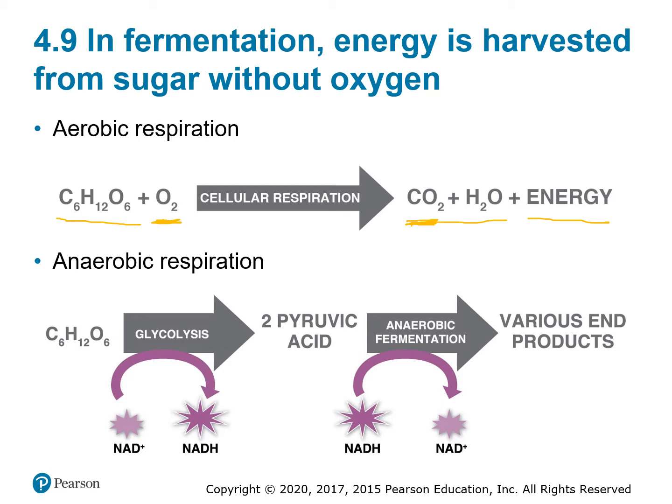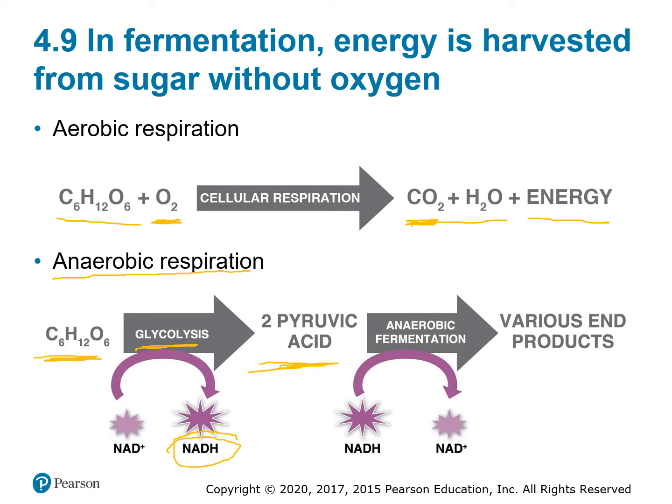Now we're going to talk about types of anaerobic respiration. Anaerobic means without oxygen. In anaerobic respiration, we start with glucose, and we undergo the first part of cellular respiration, glycolysis. NADH is carrying those high energy electrons, and pyruvic acid is made just like before.